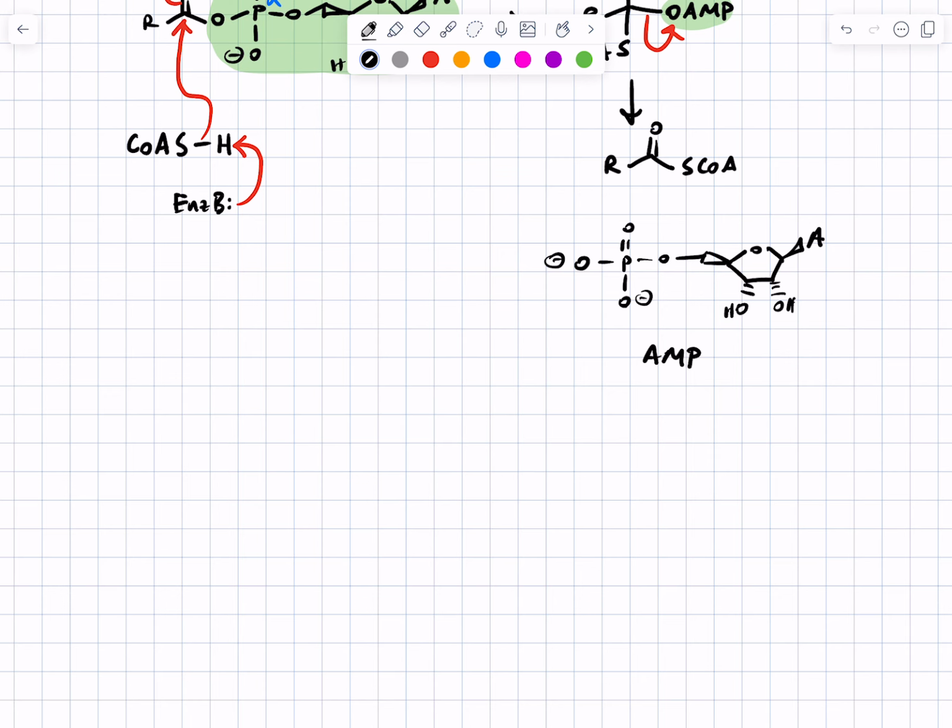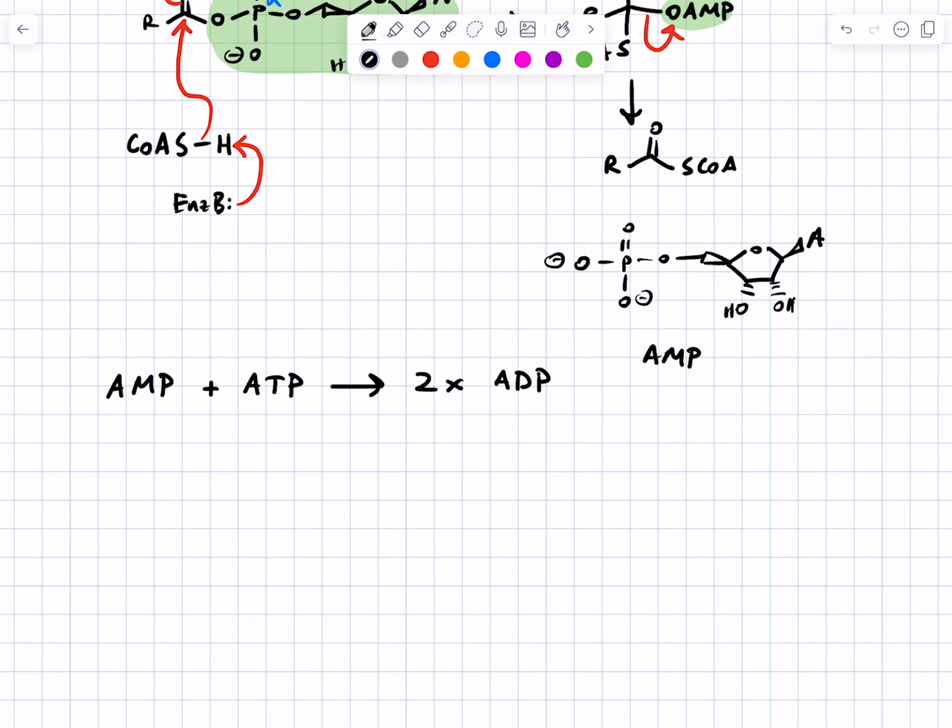In both cases, the starting material is ADP, not AMP. So if you have AMP, how do you recover ATP? And the answer is there are enzymes that will take AMP plus ATP and generate 2 ADPs, and then you can regenerate 2 ATPs from that.